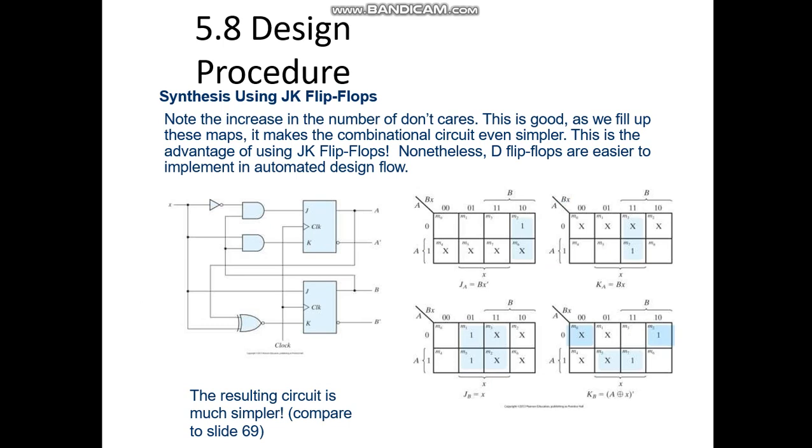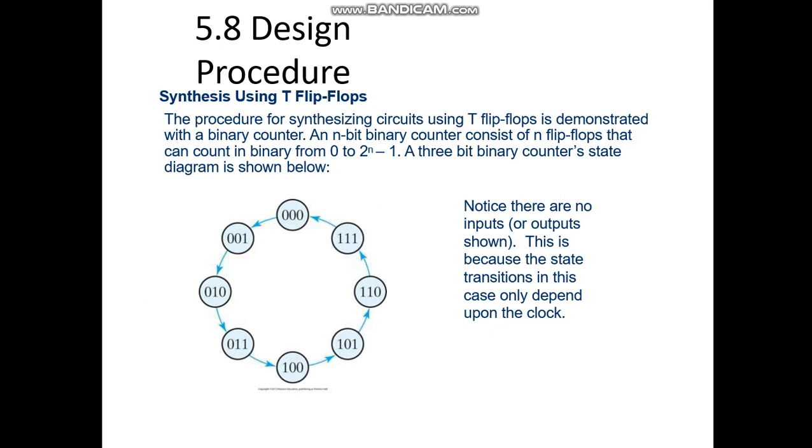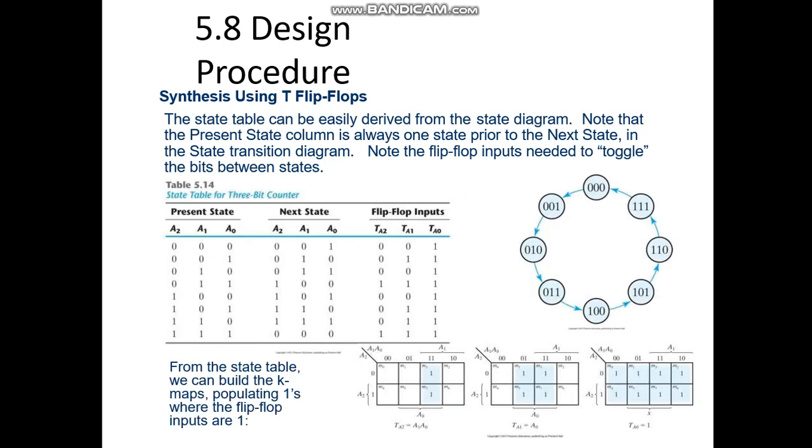Note the increase in the number of don't cares. This is good, as we fill up these maps it makes the combinational circuits even simpler. This is the advantage of JK flip-flops. Nonetheless, the D flip-flop is easier to implement in automated design. This is another concept used to synthesize using the T flip-flop. Here see the procedures.